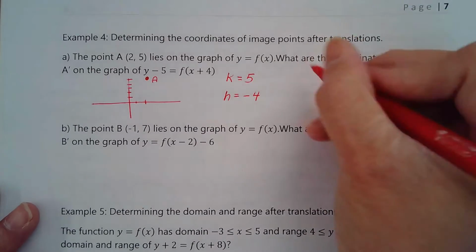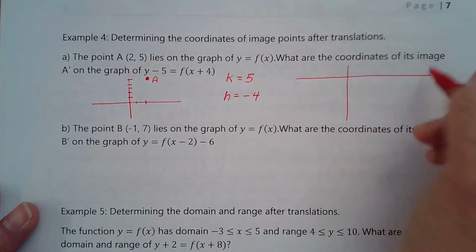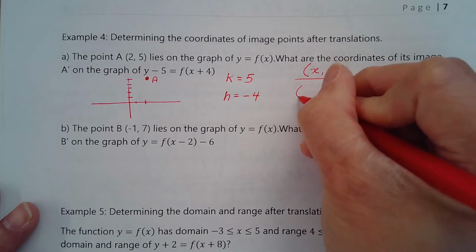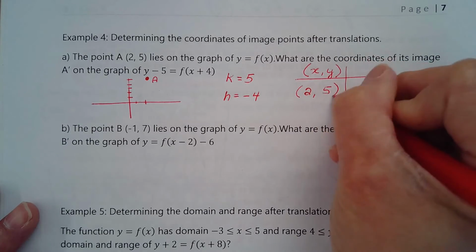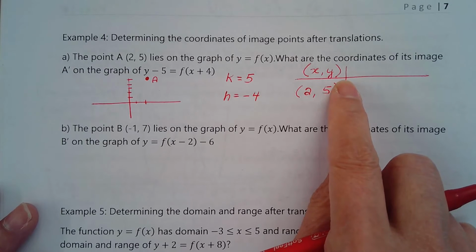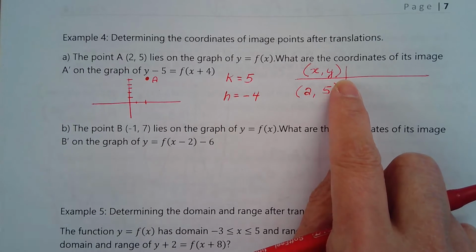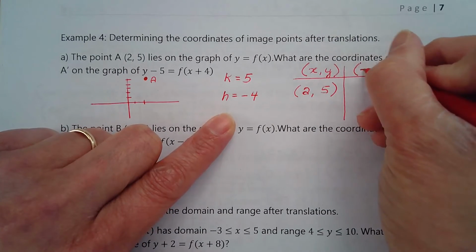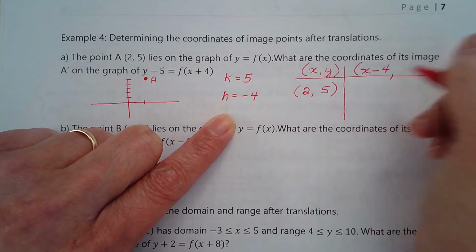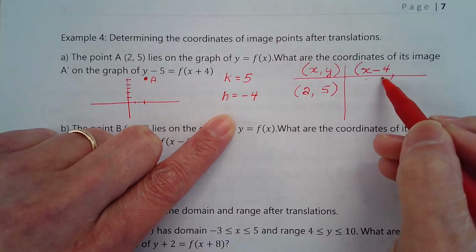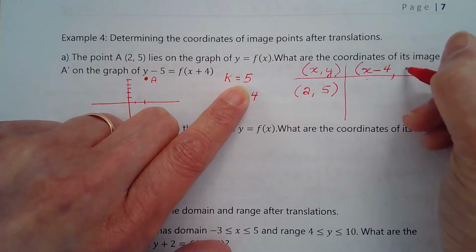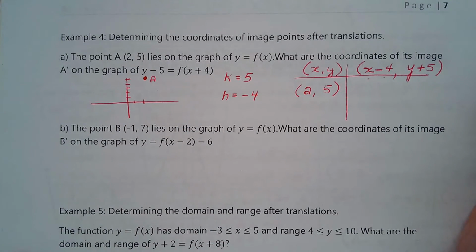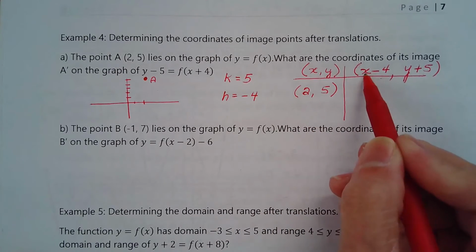Okay. So if we wanted to do the same thing as what we did last time, we said (x, y) is our point, right? (x, y) is at (2, 5). Now we're going to figure out the image after the two translations, horizontal and vertical. So x is going to be x minus 4, because this is the horizontal, so it affects the h. And then the vertical is y plus 5, and it's affecting the y. So x minus 4.